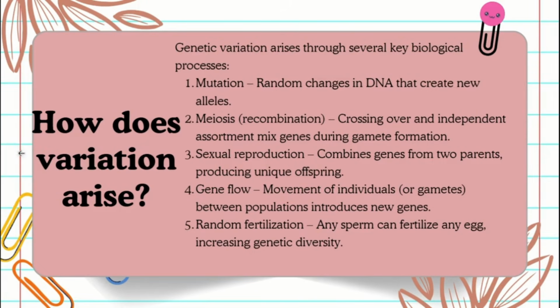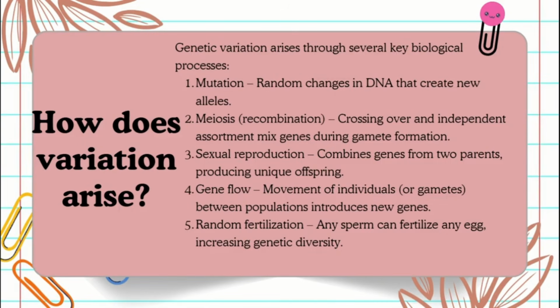So how does variation arise? I said that the number one way is through sexual reproduction, and we're going to get down into it more and see the different ways that we can get some variation in our genes.